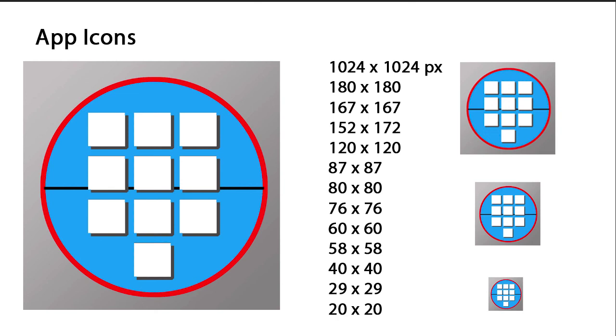Now, with 20 by 20 pixels, you don't have a lot of real estate to work with. So that's why you need to keep your icons very simple. The reality is the 20 by 20 pixels probably is going to be on an older phone that most people aren't running, but you are required to have that to put it into the App Store.